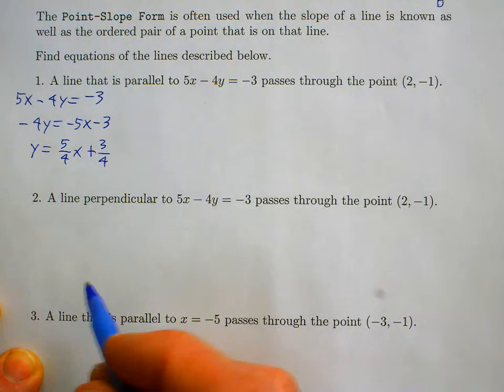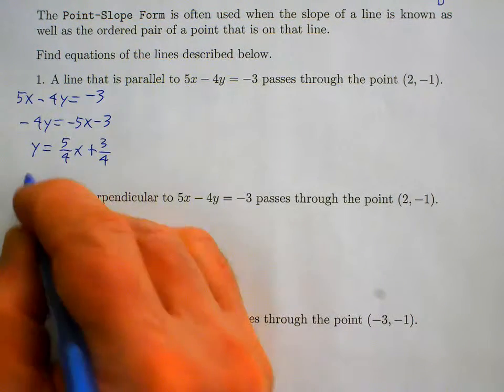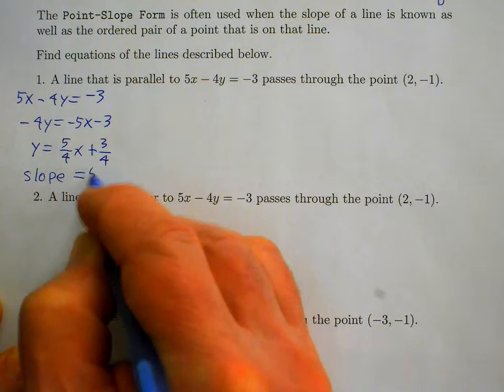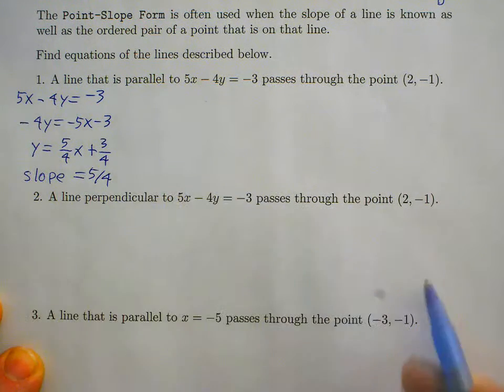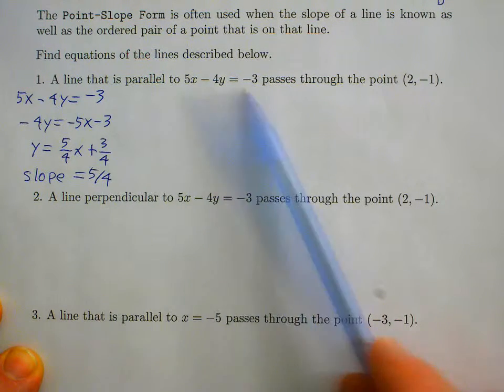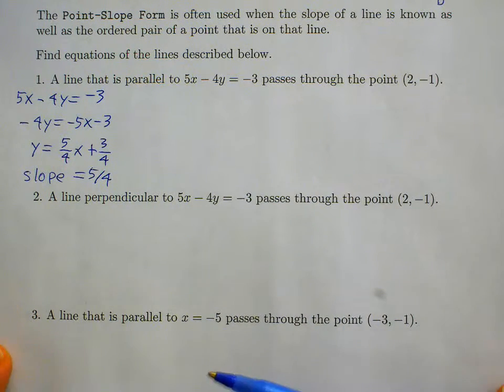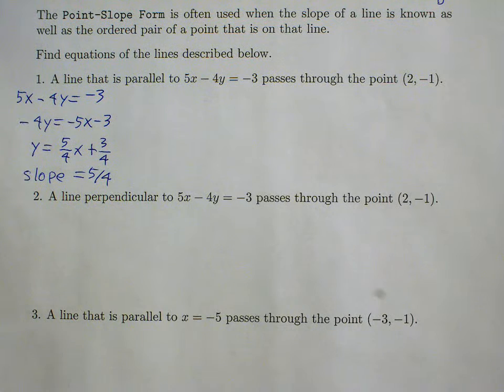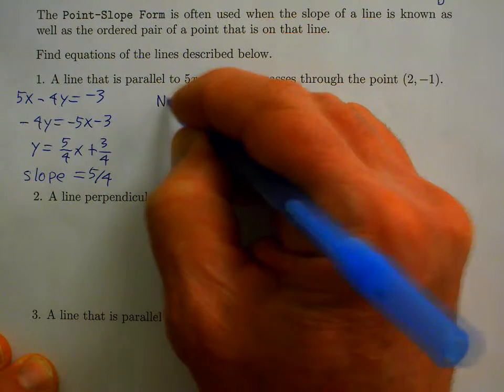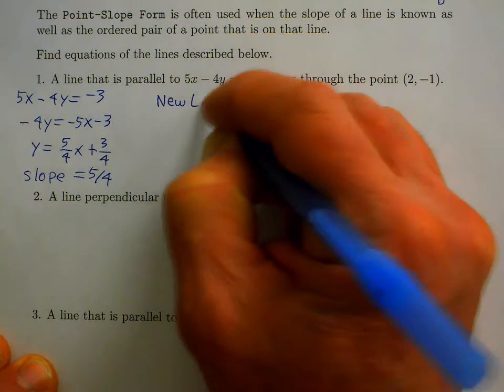Okay, so the slope of this line is 5/4. The new line that we're trying to find an equation of is parallel to the given line. So that means the new line has the same slope, 5/4, because it's parallel, right? So I'll just write down new line.